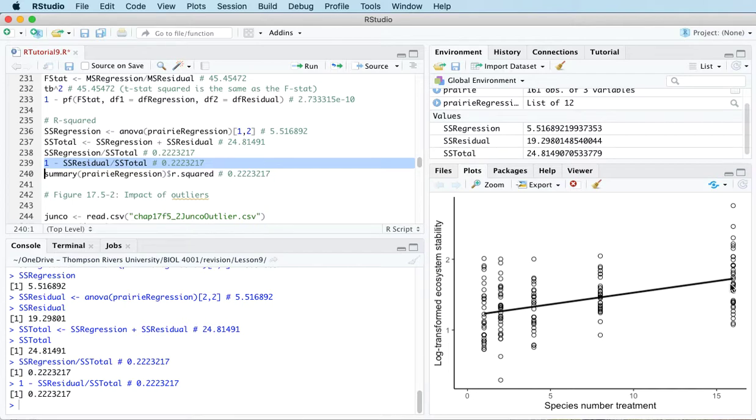The residuals are all 0, and so when I square them and add them up, I get 0. So if this number was 0, the value of r squared would be 1. That's the highest that r squared could be, and it would be equal to 1 if there was no error, if all my points could be predicted perfectly.